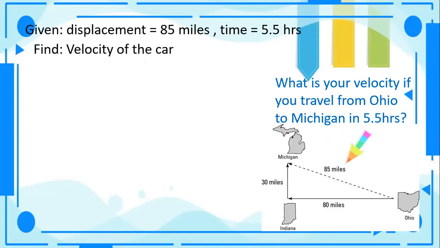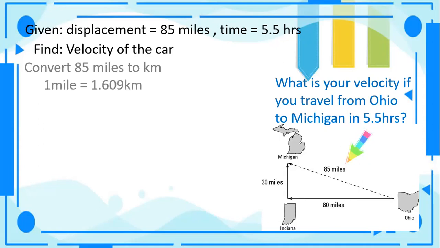Then what we need to find is the velocity of the car from Ohio to Michigan. So just like our first problem, the unit of displacement is expressed in miles. So we need to convert it first to kilometers before proceeding to the computation of the car's velocity. So we need to convert 85 miles to kilometers.